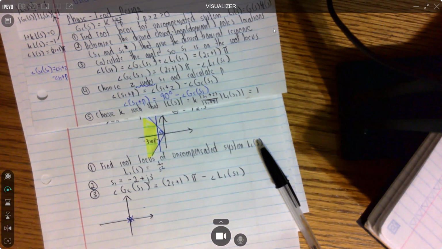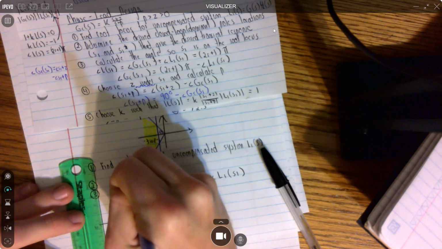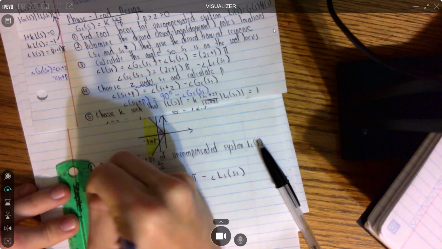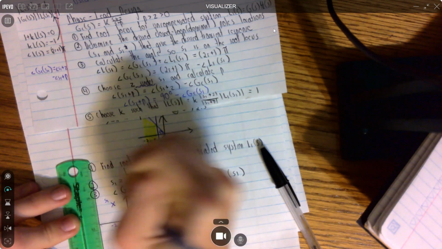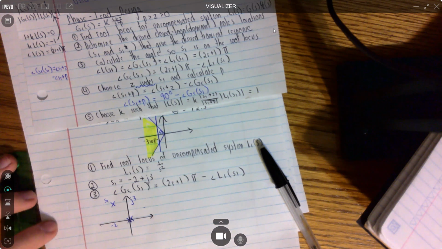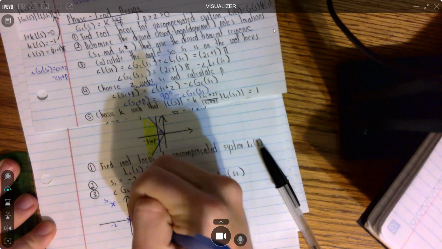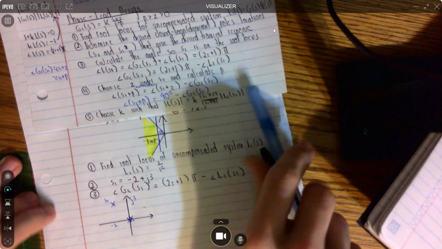And we chose our dominant roots to be at -2 and then J3. So here's our S1, our dominant root. And so what we're going to do here, basically, is we need to calculate the angle specifically. And so the angle between our uncompensated system and our dominant root, what is that going to be?